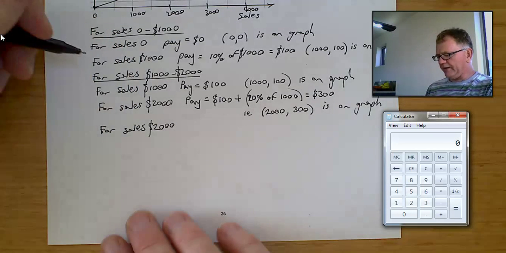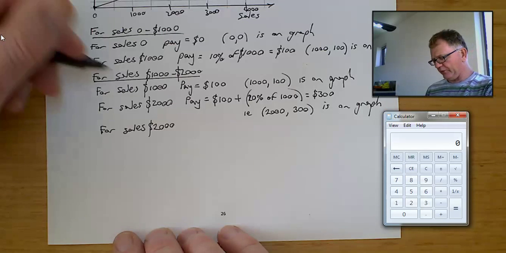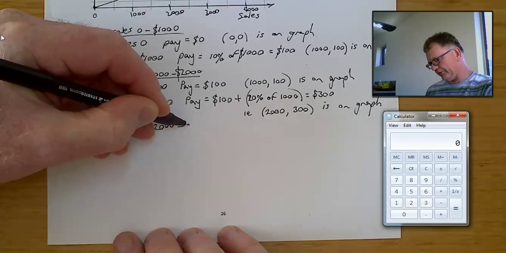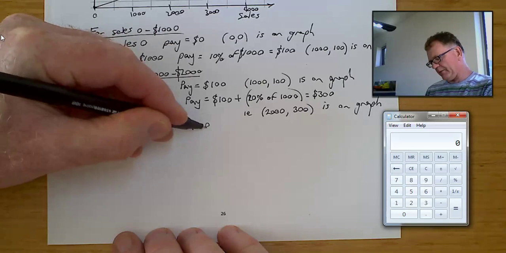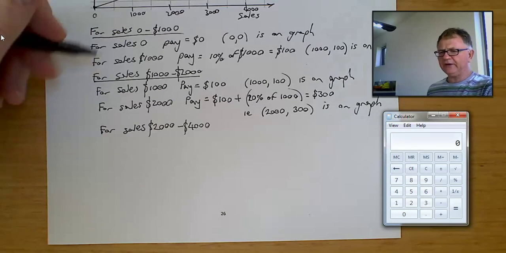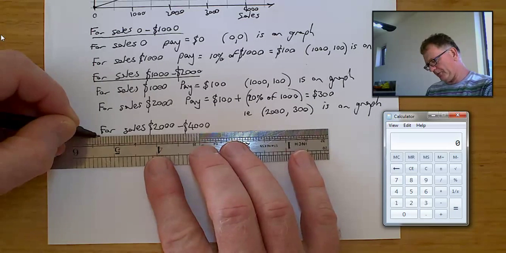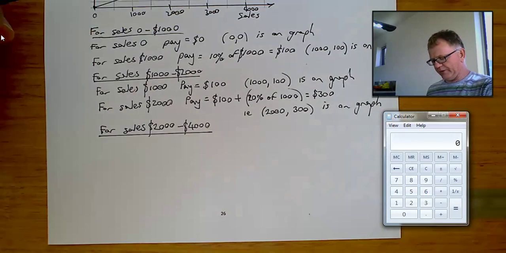Well, the question actually asked us, if you read it, said draw the graph for sales up to 4,000. So we're going to make it sales 2,000 up to 4,000 and make that the end point of our graph. If the question didn't say where to end, you're just going to have to pick an end point for yourself for the last section. So it said go up to 4,000.